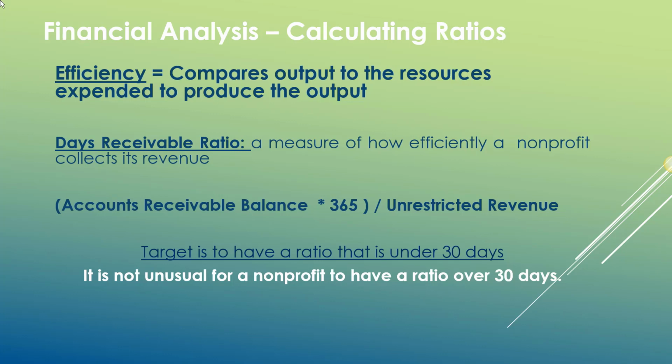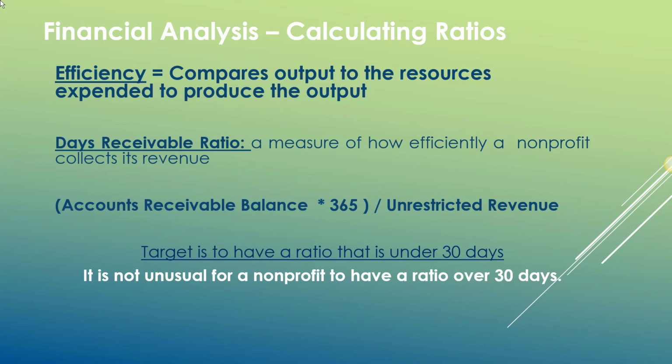So a religious institution might have receivables, but probably not a lot to really make it a significant ratio. A school will have tuition receivables, and normally that balance will fluctuate greatly throughout the year. It'll start off at a high point when the school year starts and then go to a very low point by the end of the year, if not zero.